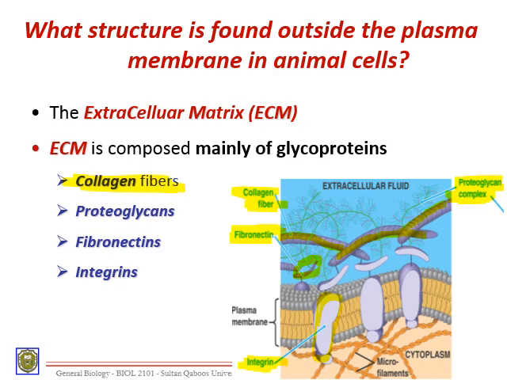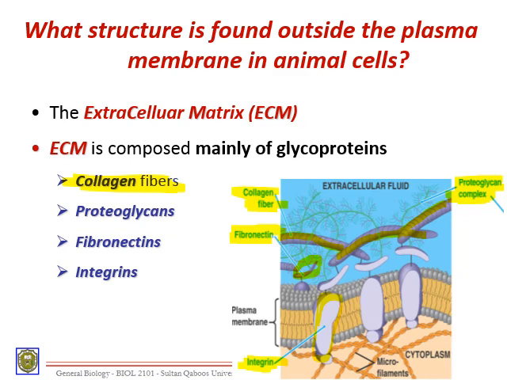I'm sure all of you have heard about collagen. Collagen is found under the skin, and it gives the skin its flexibility. As we age, as we grow older, we have less collagen, and this makes the lines, or the wrinkles, appear.